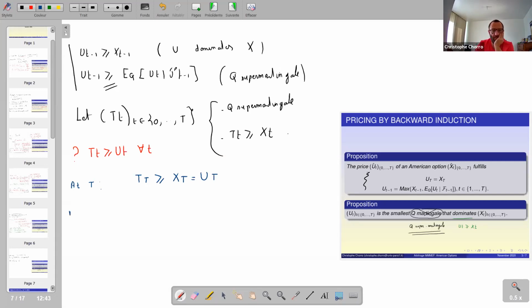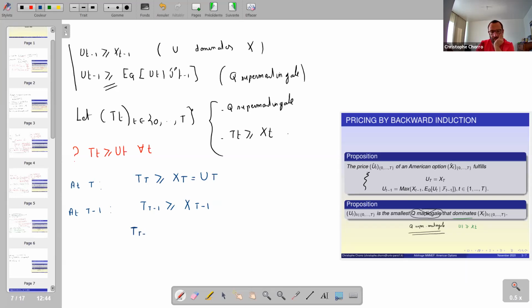Let's continue. At time t minus 1, what do I have? I have, of course, that capital T at t minus 1 is greater than x at t minus 1 by this property here. But I can also use the fact that I am a Q super martingale.